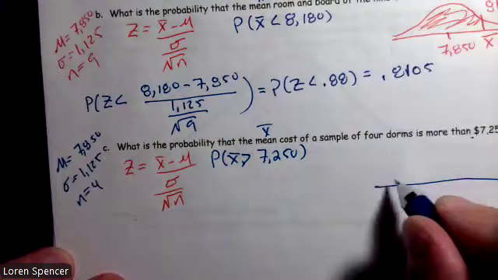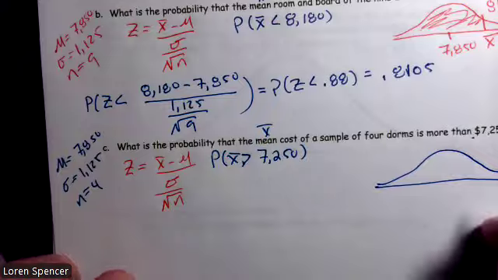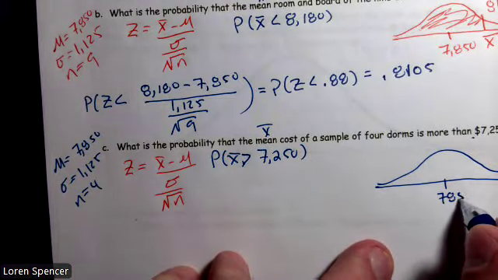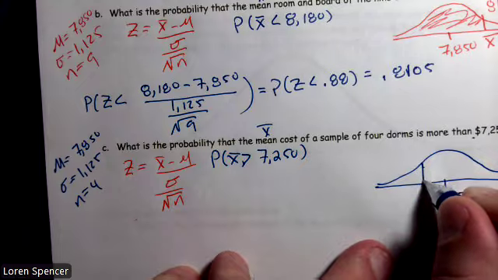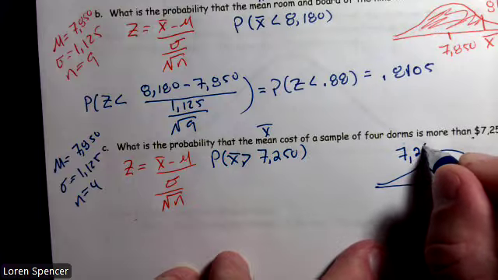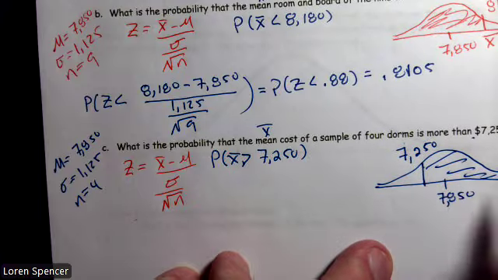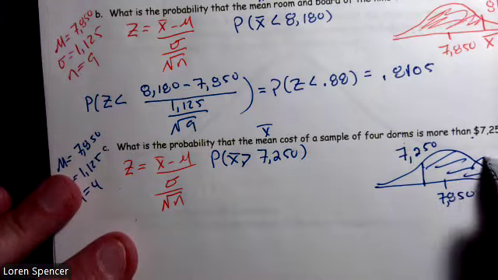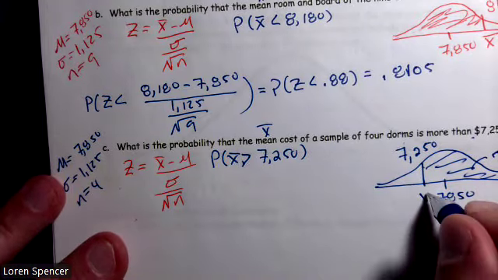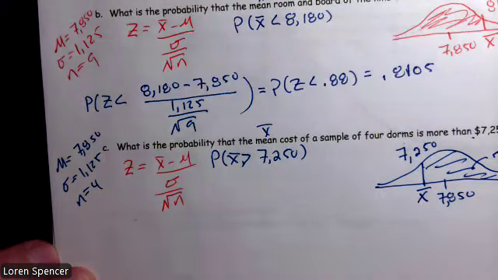I'm drawing a picture of this. Mean of 7,850. And we're somewhere down below it, which means we should end up with a probability greater than 50%. All right, and we're looking for that probability, and this is an X bar.